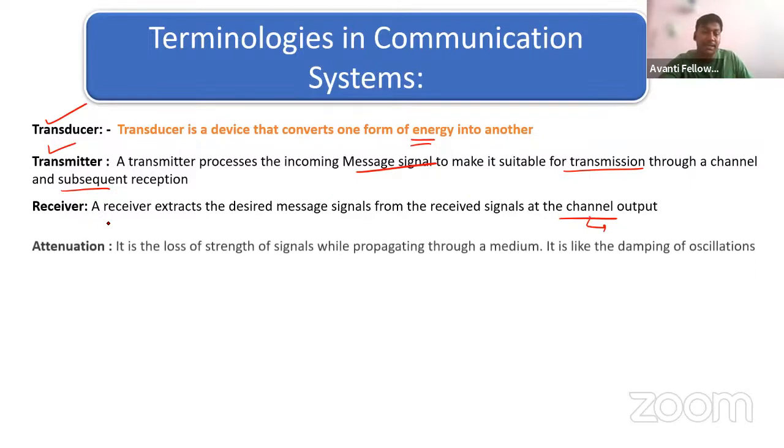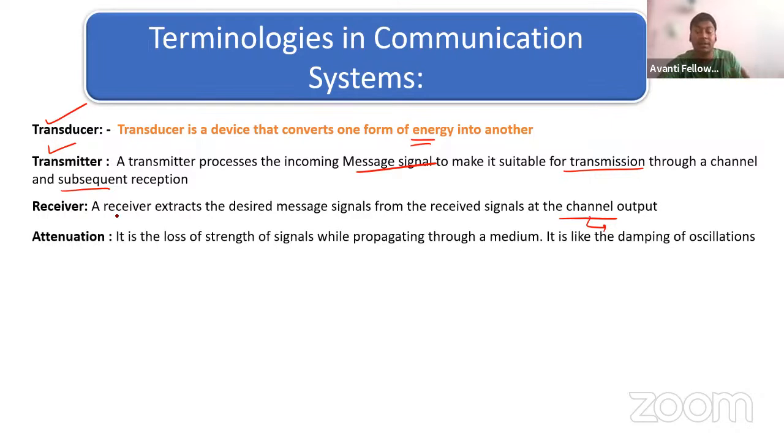Next is attenuation. As I already mentioned, attenuation and distortion both look the same, and attenuation is a loss of strength of the signal.